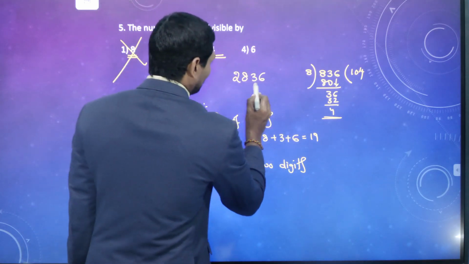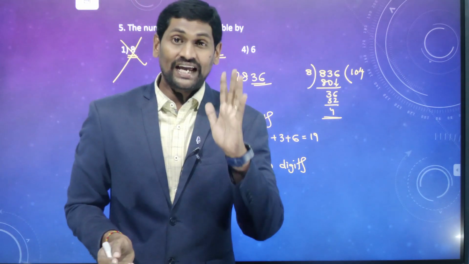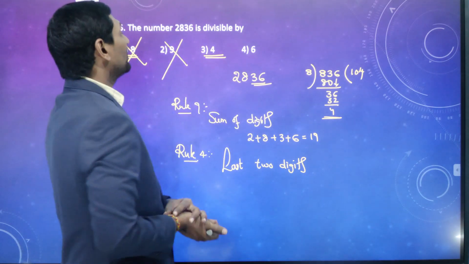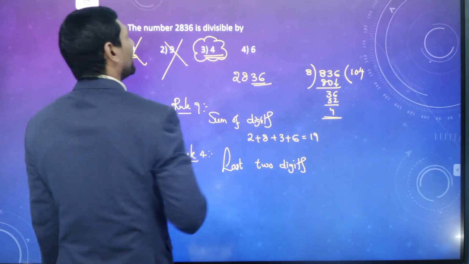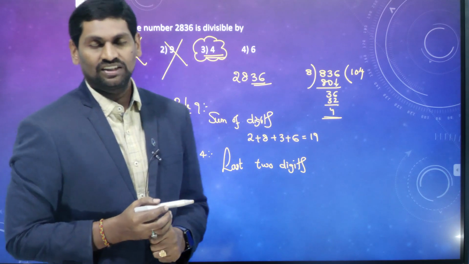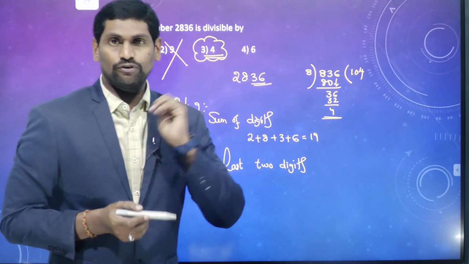The last 2 digits are 36. 36 is a multiple of 4, 4 nines are 36. So that means the last 2 digits of the number are a multiple of 4. The required option is 3. That means the given number is exactly divisible by 4.